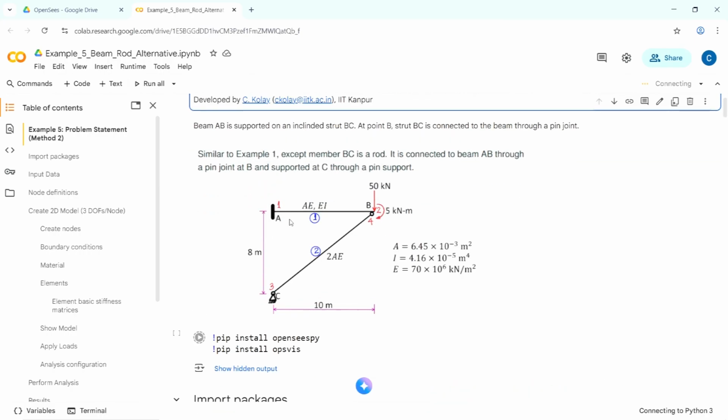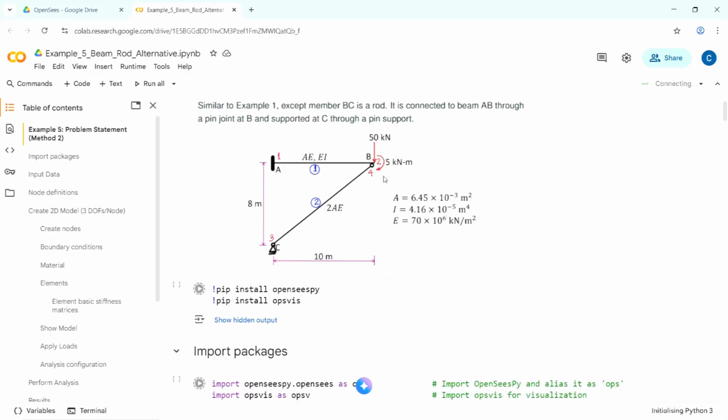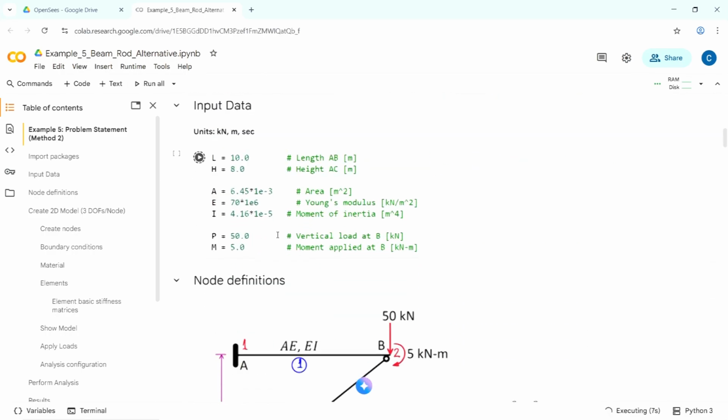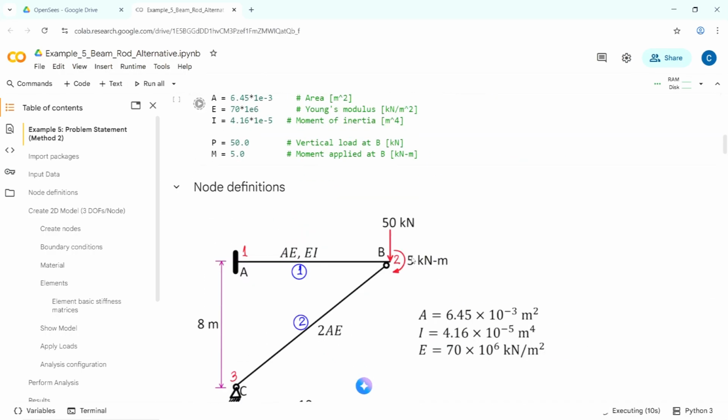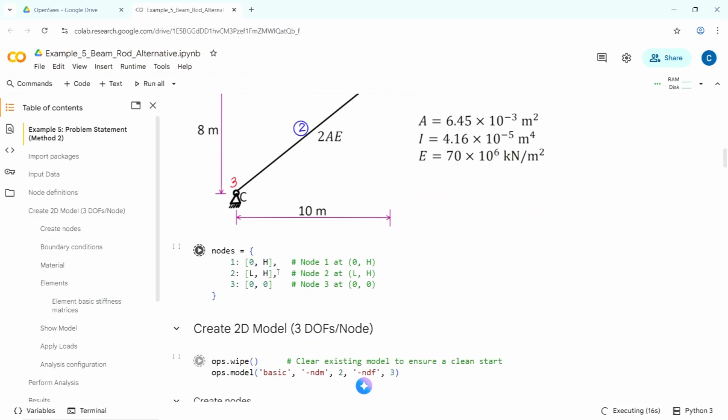Now, you see, I am sorry, node 4 is no longer necessary. So, this is 1, 2 and 3, only 3 nodes are necessary. Okay. So, let it install. Yeah, here I have corrected 1, 2 and 3. So, this element 2 will be now created using a truss element.